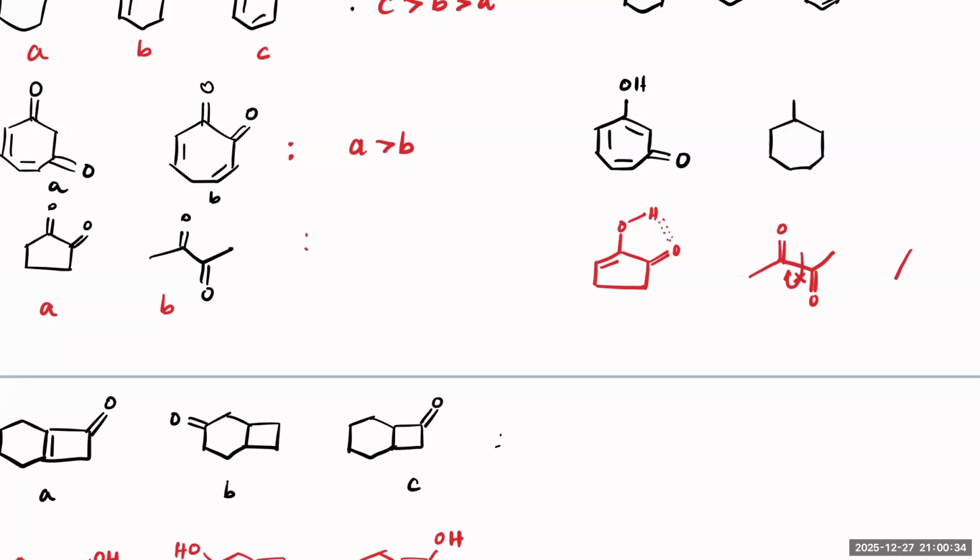If you try to bring it to this side like this, then the lone pair repulsions will be very high. That's why, to avoid these lone pair repulsions, it will always exist in the keto form. So therefore, A is far greater than B. A is going to be highly in enol form. B is going to be highly in the keto form. Okay.